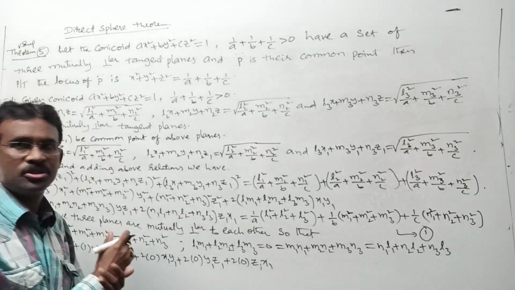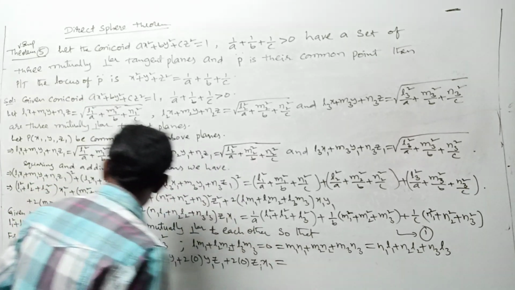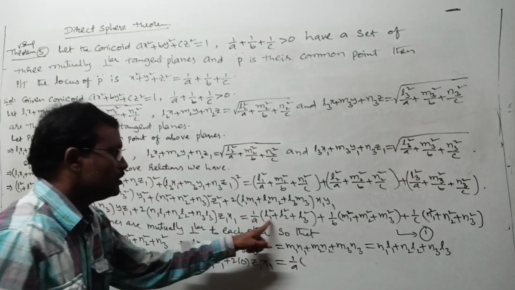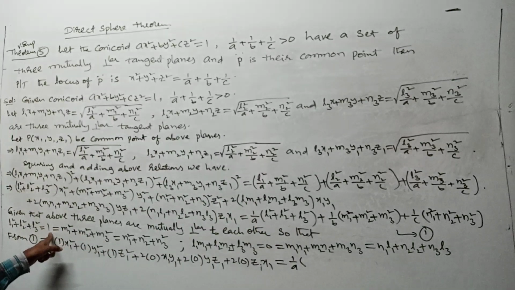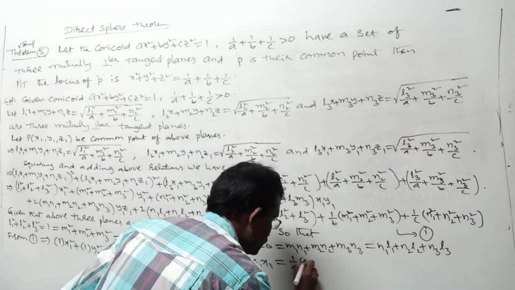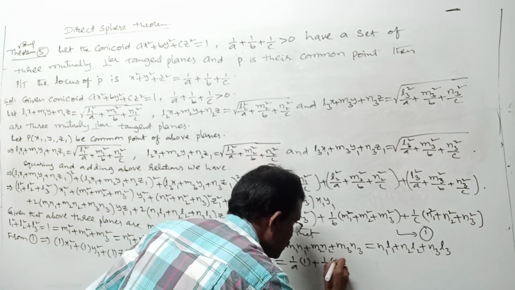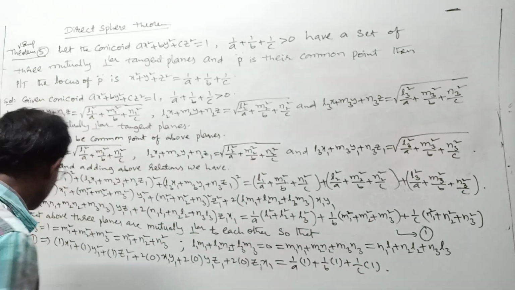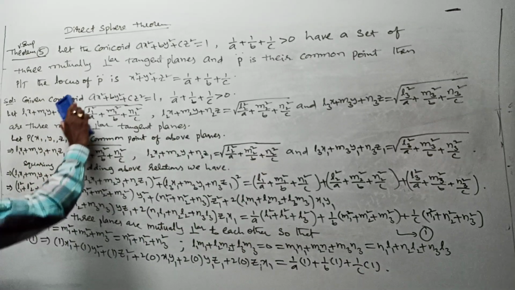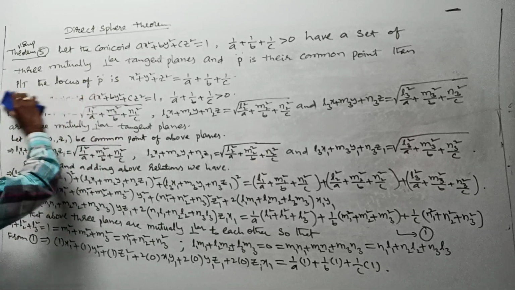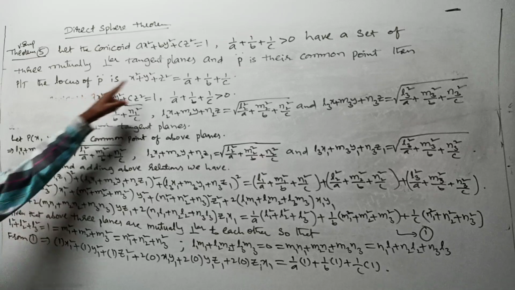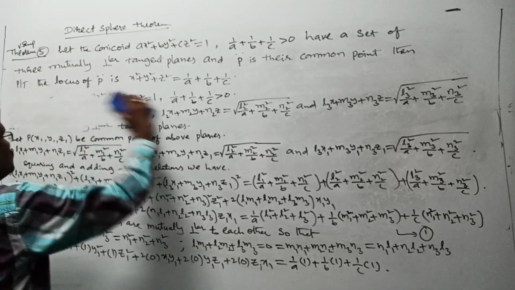This is the left side portion, equal to the right side portion, which is 1 by a into 1 plus 1 by b into 1 plus 1 by c into 1. Any problem with this? I just want to remove these steps. At the end stages, define the locus of P, because it is a common point. We need the locus of P only.